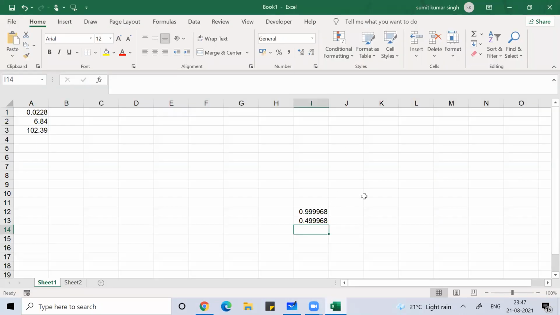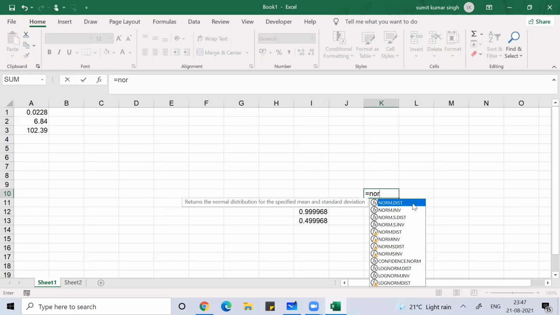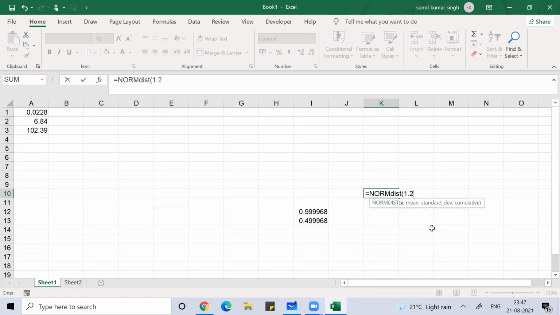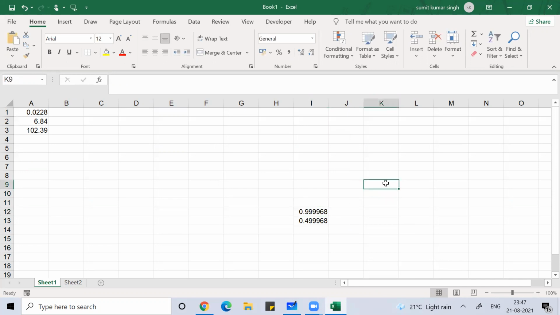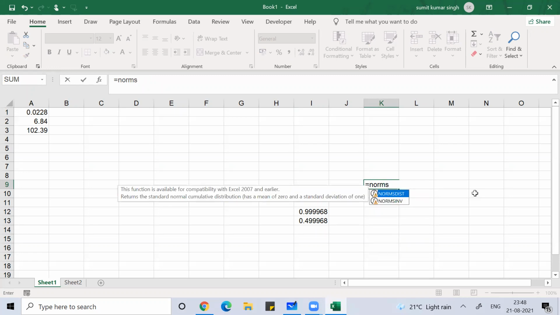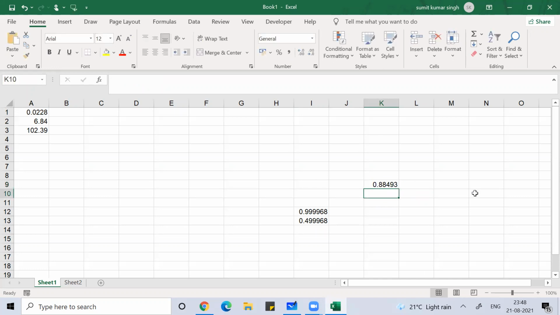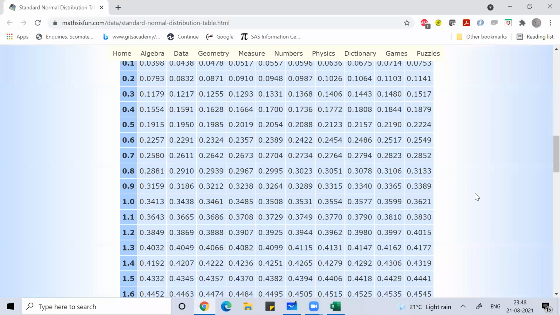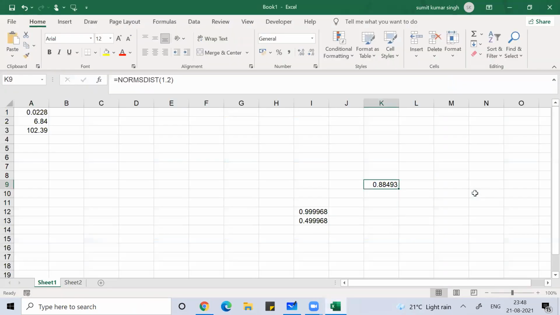Now 1.3 factor: norm dist of 1.3 equals norm dist... 1.2, 0.88493, 1.2, 0.88493.